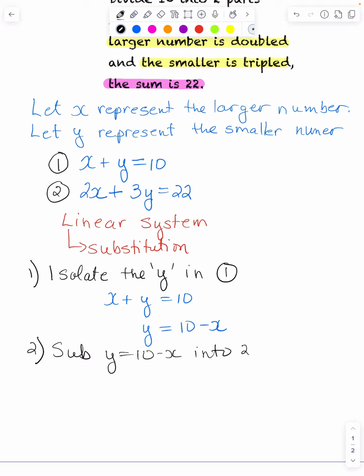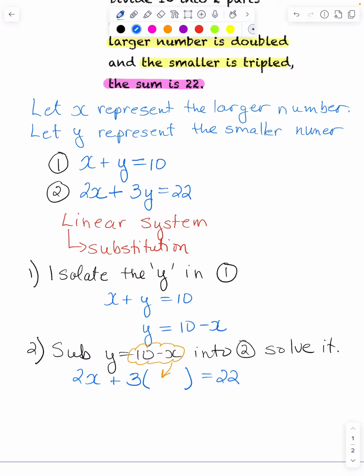Step number 2 now is going to be to substitute this y equals 10 minus x into equation number 2, and then we're going to solve it. So I'm going to take equation number 2. I'm going to write it as 2x plus 3, I'm going to replace the y with the set of brackets, equals 22. And now I'm going to take this 10 minus x and substitute it into the brackets.